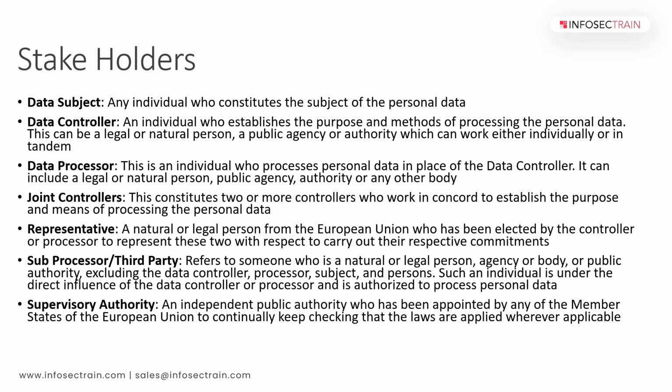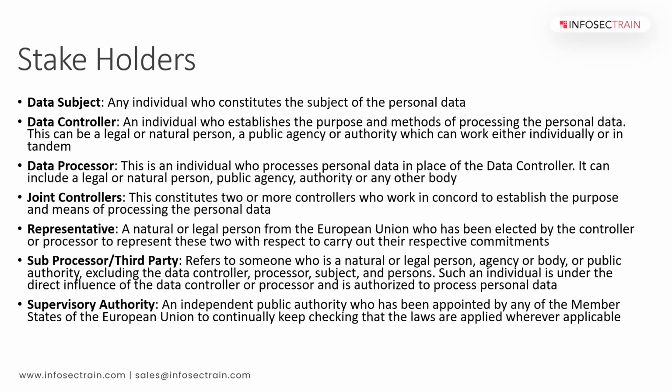Representative: a person who is going to represent the controller or processor, or sometimes will be representing the data subject also. Then sub-processor. You are giving to the data processor, and that activity is outsourced again to a sub-processor or third party. And the supervisory authority. The supervisory authority is going to be from the government side, and they are the final authority.